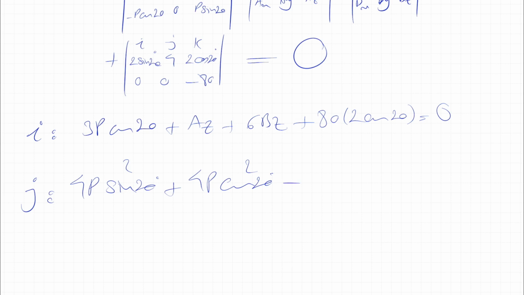So looking at the J component for the weight of the sheet, we will have minus 2 times 80 times sine of 20 degrees.